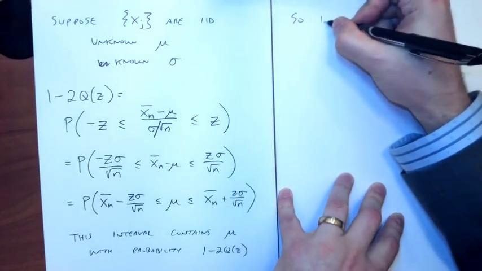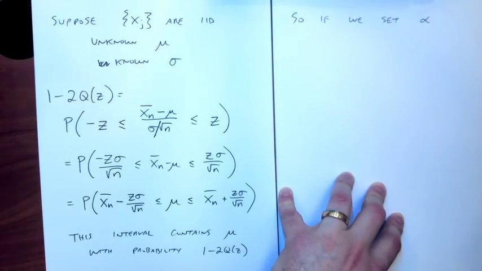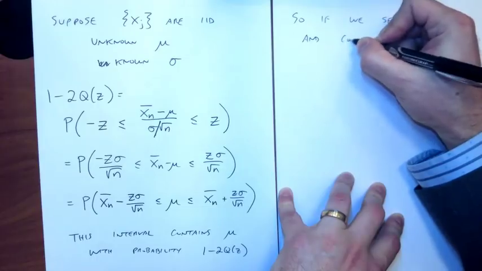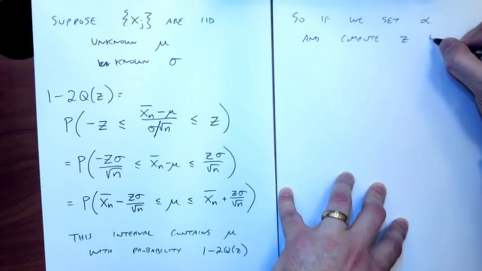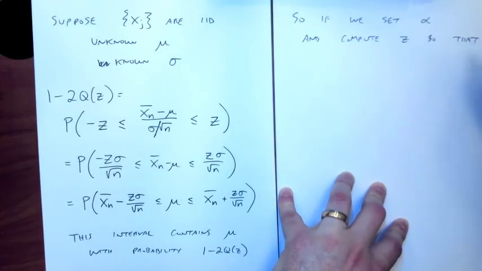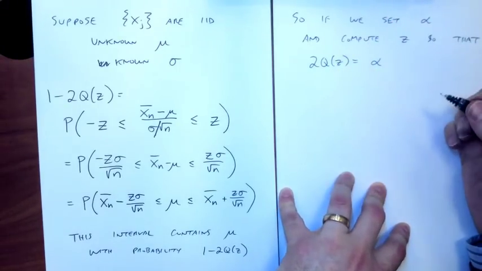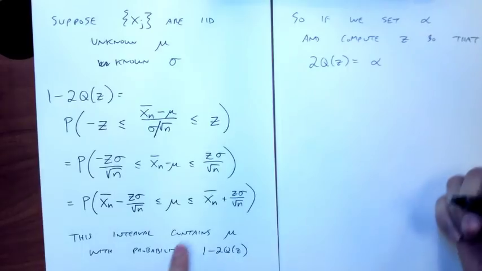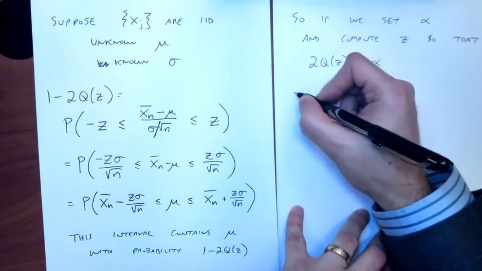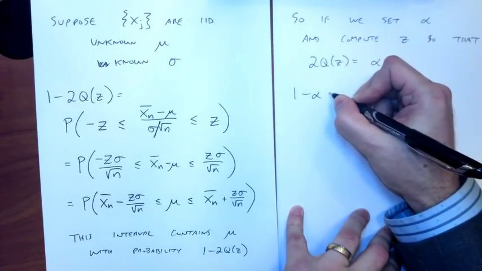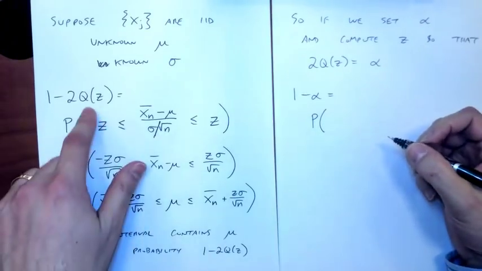So if we set alpha, which is kind of like our confidence level, and we compute z so that 2Q(z) equals alpha, okay, then this number here is going to be equal to this probability. So all I'm doing is substituting in what I just did here.